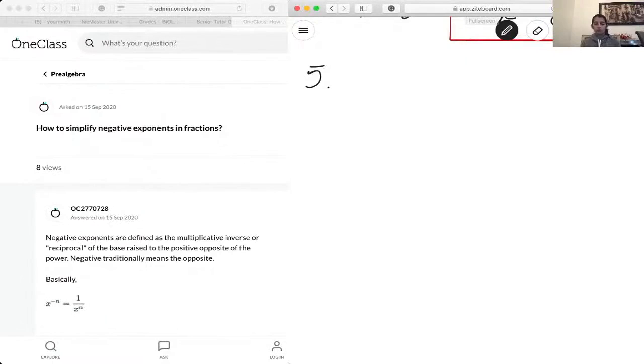So basically, what I'm saying is that if x is to the power of negative n, a negative exponent, it is essentially equal to 1 over x to the power of n.